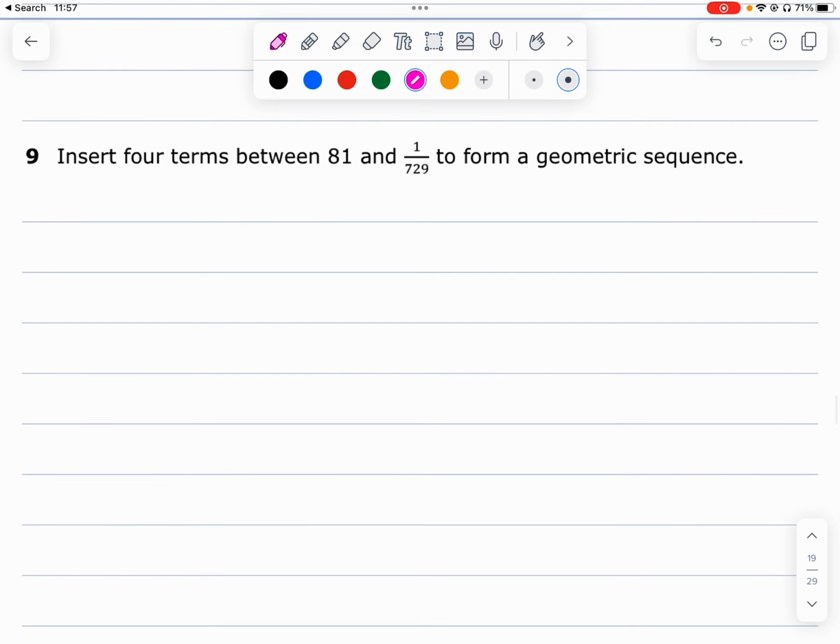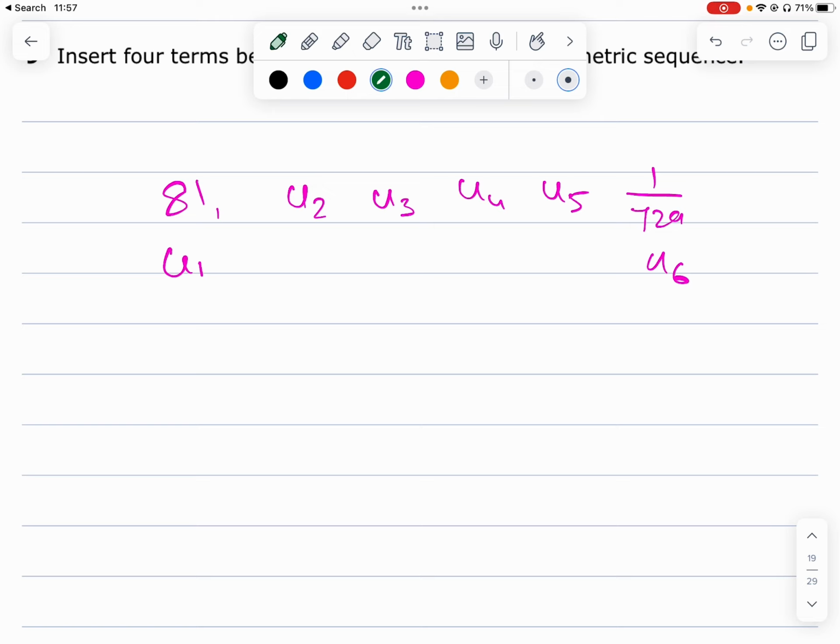Question number 9. Insert 4 terms between 81 and 1 upon 729 to form a geometric sequence. So 81, then u2, u3, u4, u5 and 1 upon 729. So this has to be u6. u1 has to be 81 and u6 has to be this one. So my sixth term 1 upon 729 is u1 times r to the power of n minus 1.